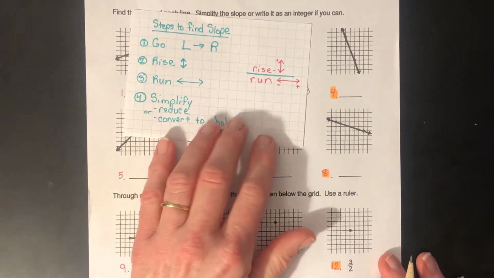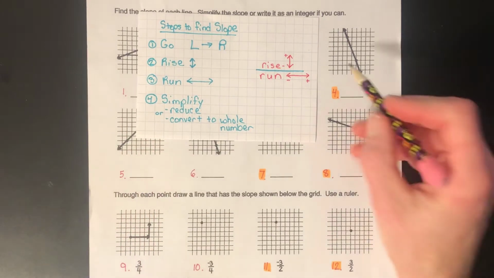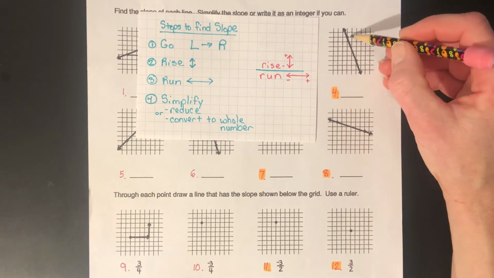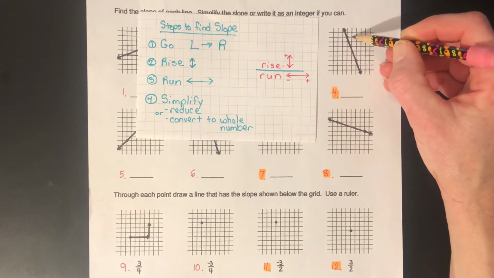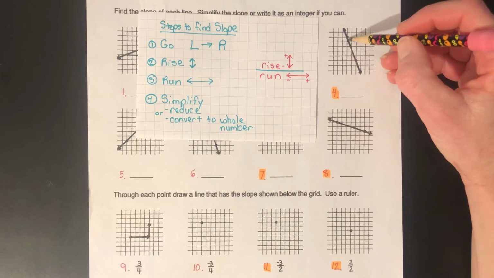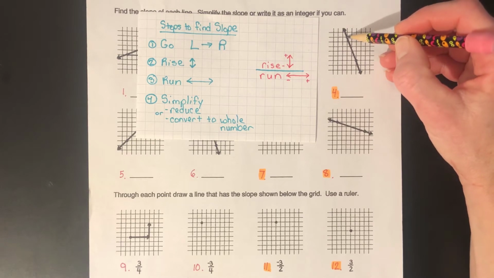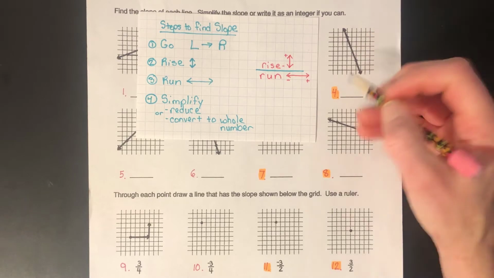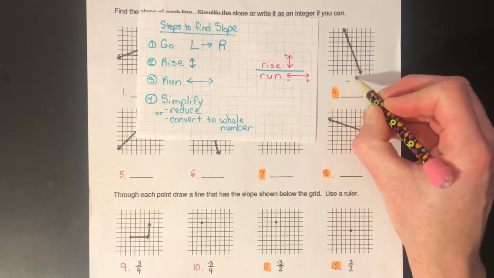On to number 4. Start with the point on the left and go to the right. In order to get to that point, we go over 1. We do rise first, I'm sorry. So rise is actually down 1, 2, 3, 4, 5. So when you go down, you know that's negative.